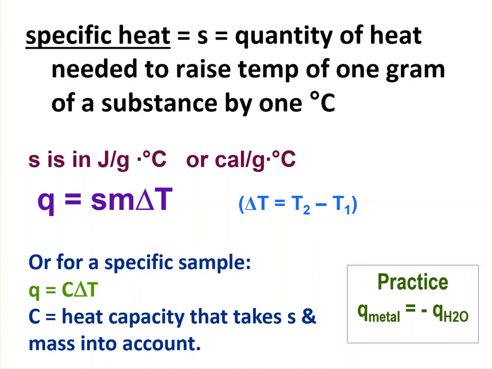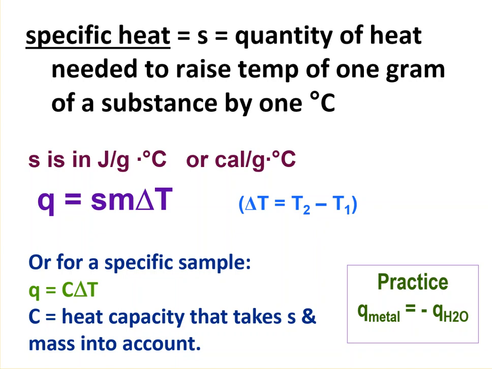Specific heat is normally in joules per gram degree C, the amount of energy to warm up 1 gram of a substance 1 degree Celsius. And this equation we'll be using a lot.